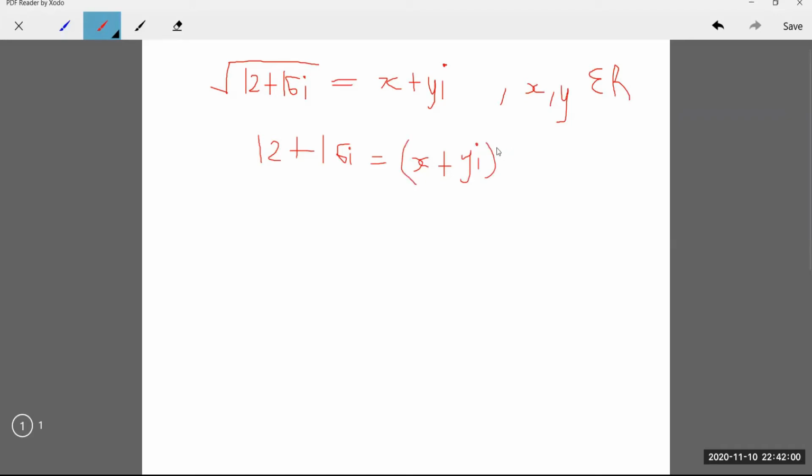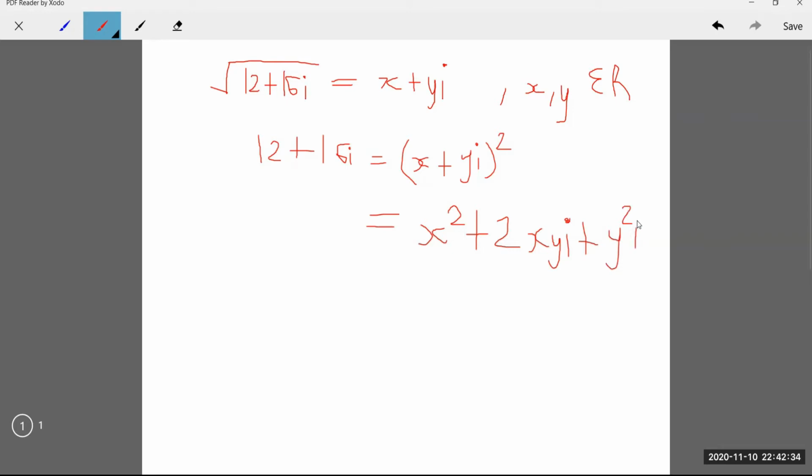What we can then do is expand the square. It's going to be the first term squared, which is x squared, plus twice the product of the two, so plus 2 times x times yi, plus the second term squared. Squaring yi gives y squared i squared.